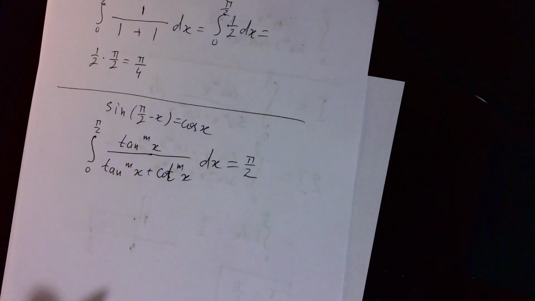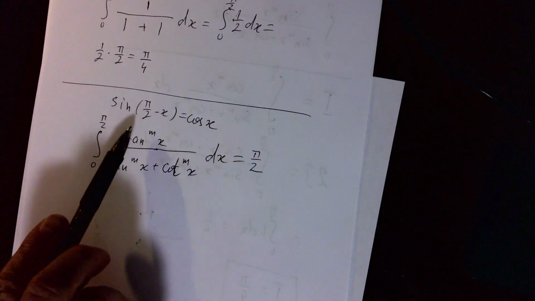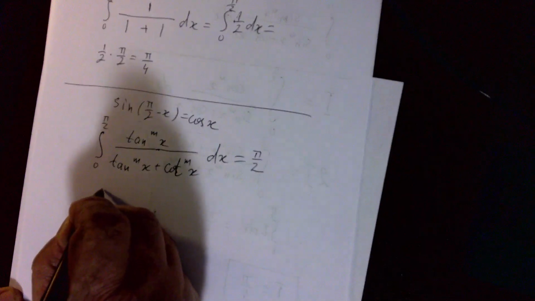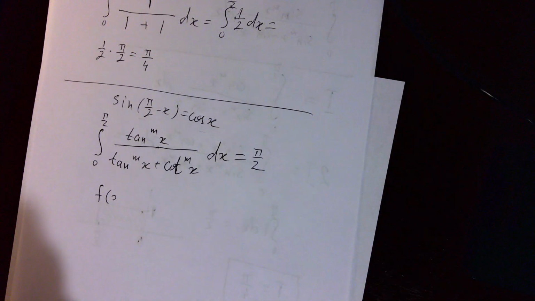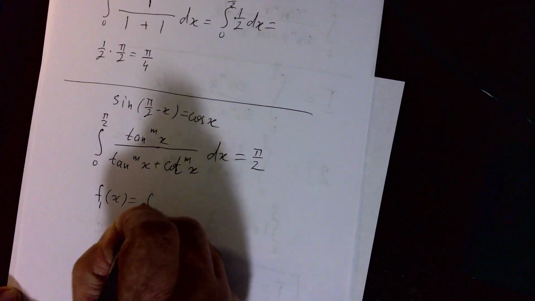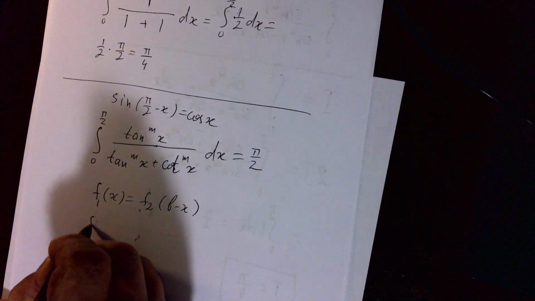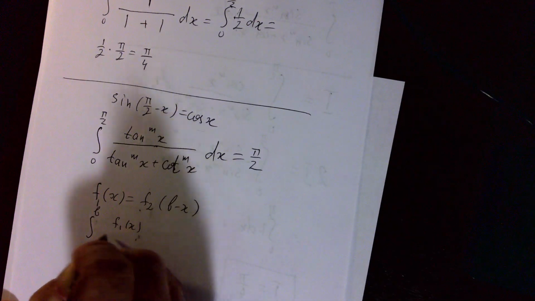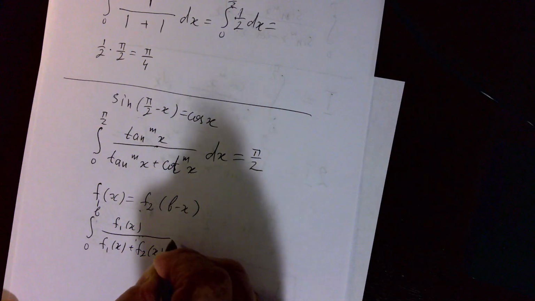Another example. The point is, if we have any functions, for instance, f1 of x equals f2 of b minus x, then we can construct the integral from 0 to b of f1 of x divided by f1 of x plus f2 of x dx.